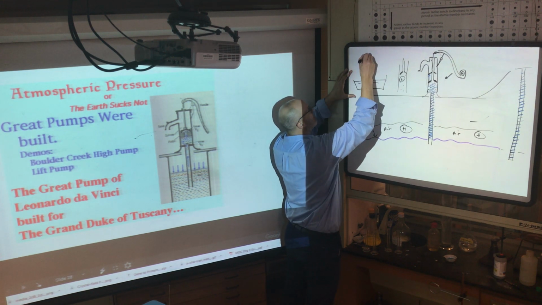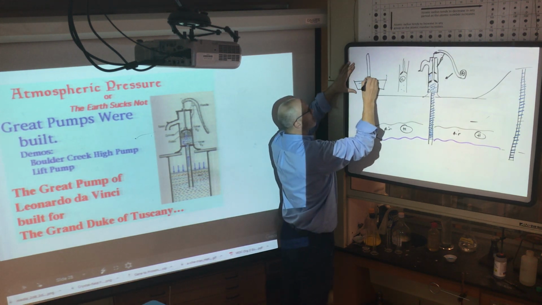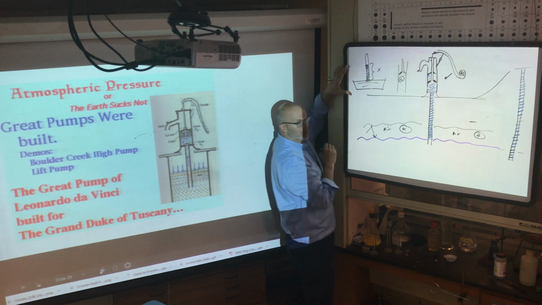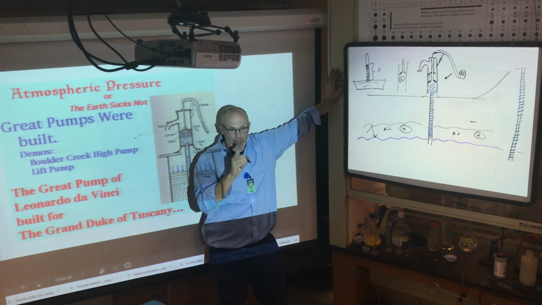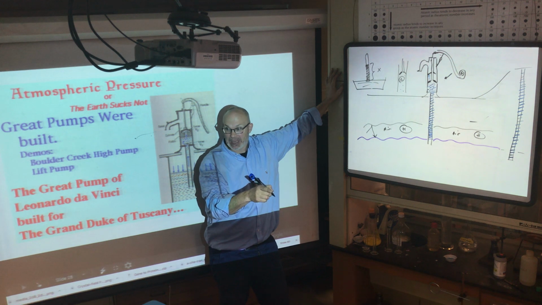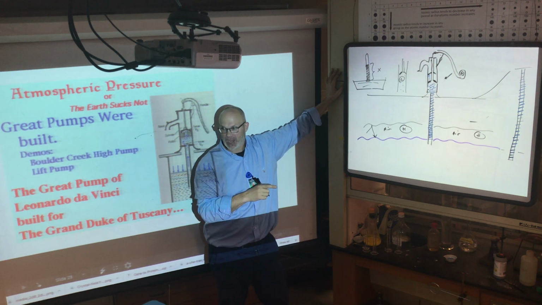He took a tube, he filled it with mercury, inverted it, and it can only support this distance. Whatever this distance was, he times it by 13.5, and that's the limit due to water. Because water is 13.5 times less dense, it can be supported 13.5 times higher, as Connor said.